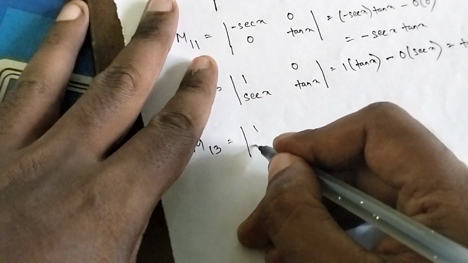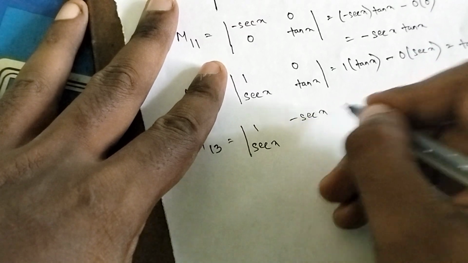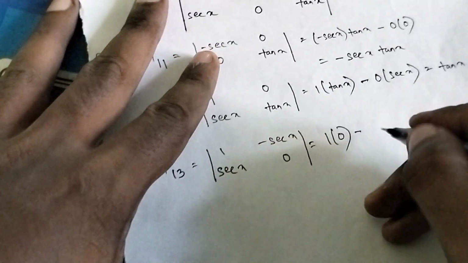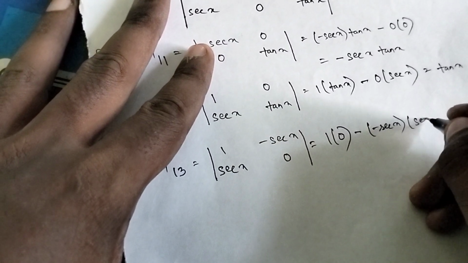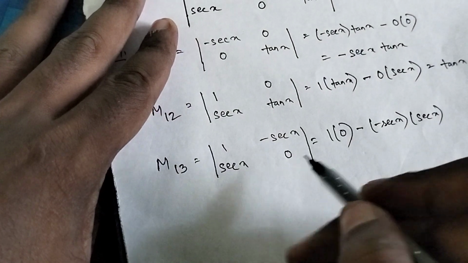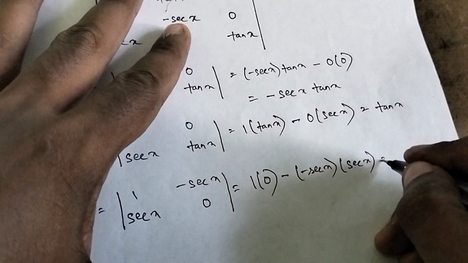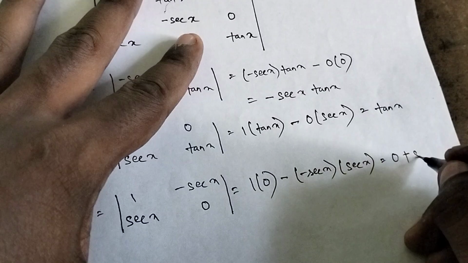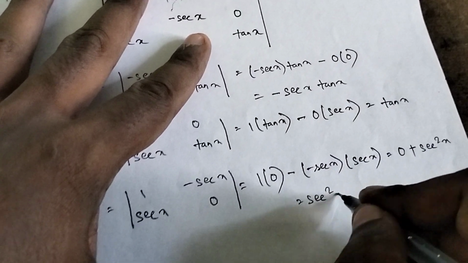So it will be 1 into 0 minus minus sec x into sec x, it will be 0 plus sec square x, so it will be sec square x.